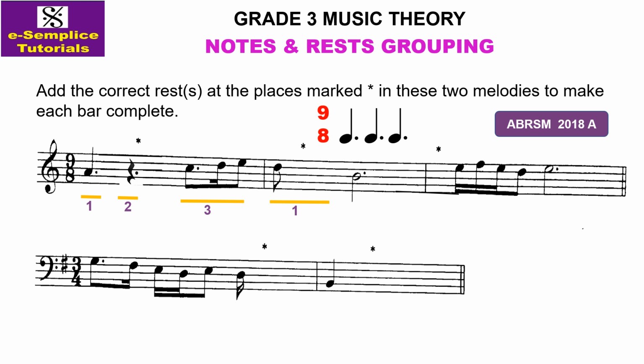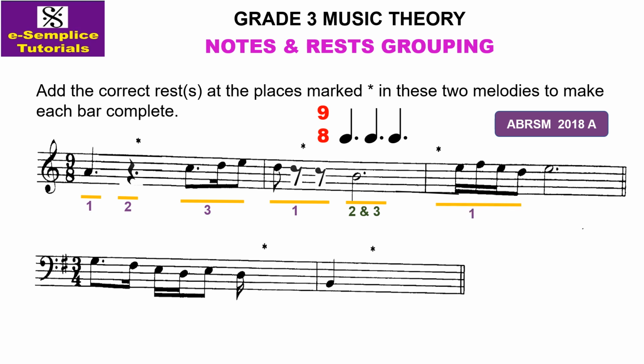The first beat is not complete. Let's complete the first beat. The first beat should be a dotted crotchet, but we only have a quaver. So let's balance that beat by adding a quaver rest and another quaver rest. Beats 2 and 3 are already there. Let's move to the last bar of the first melody.